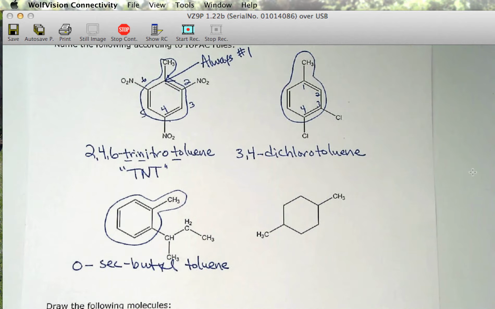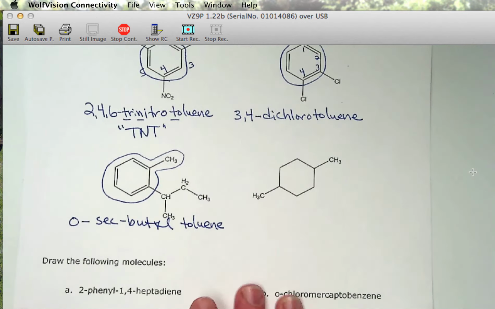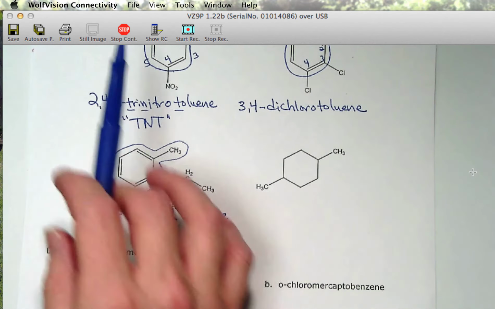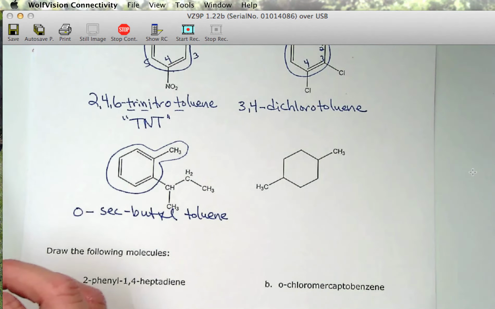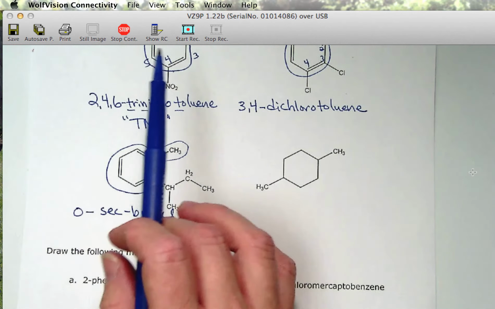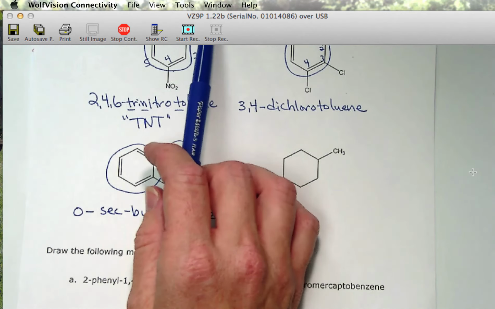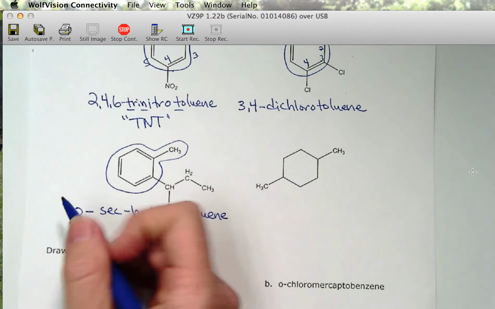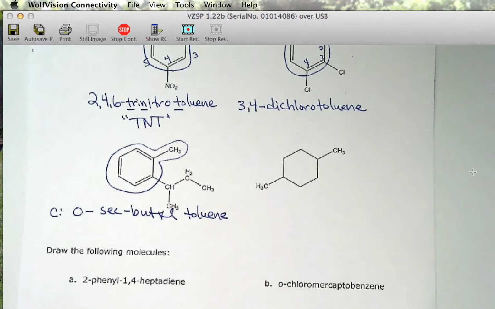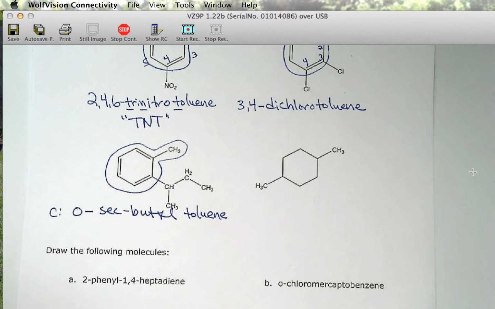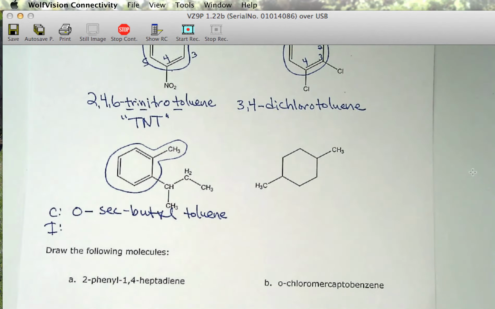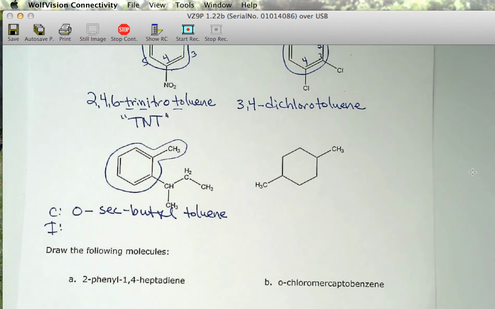Right. So we could name this a few different ways. Yes, thank you for pointing that out. It is a common name. I wanted to point it out too because it has two substituents, and you can see this with toluene. So the correct answer, if I said it has to be IUPAC, would be 2-sec-butyltoluene.